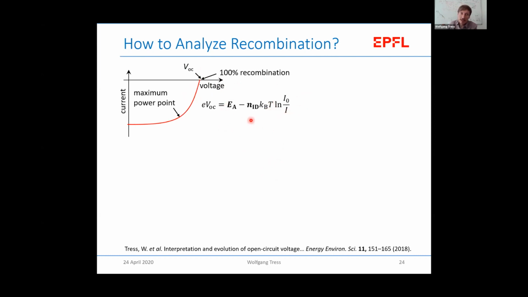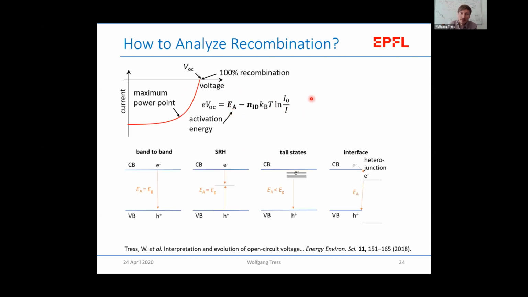One can write this rather generic equation for the voltage, where we have here a kind of energy related to the recombination process. So this energy should in principle be, when we have these classical recombinations, which I discussed already, more or less the band gap energy.